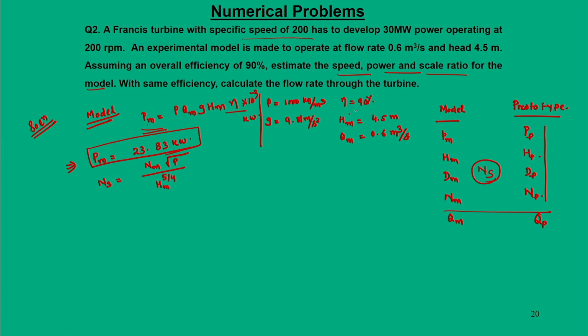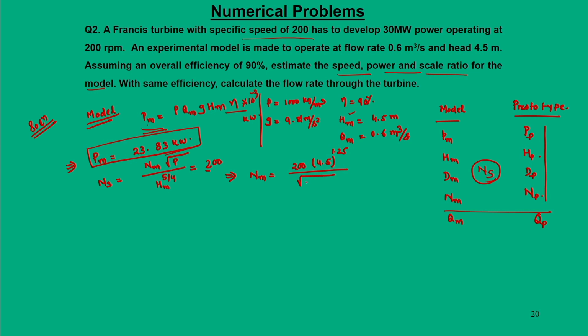So, Hm is known and that number is 200. So, this will give you Nm is equal to 200 into Hm, Hm is 4.5 to the power 1.25, that is 5 by 4 is equal to 1.25.